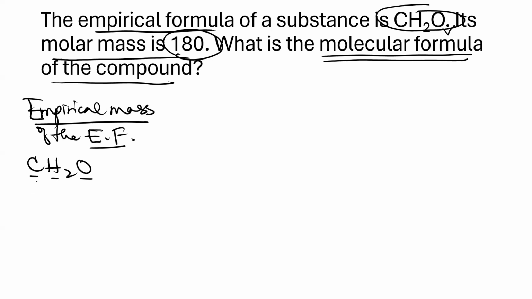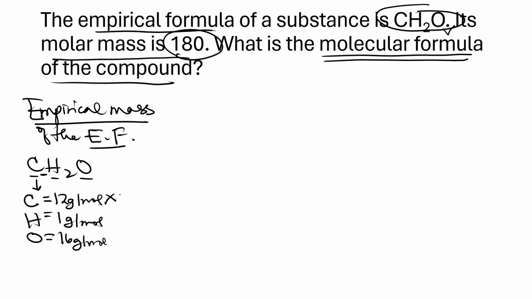So that's carbon, hydrogen, and oxygen. The molar mass of carbon is approximately 12 grams per mole, hydrogen is 1 gram per mole, and oxygen is 16 grams per mole. And we have one carbon atom, two hydrogen atoms, and one oxygen atom.